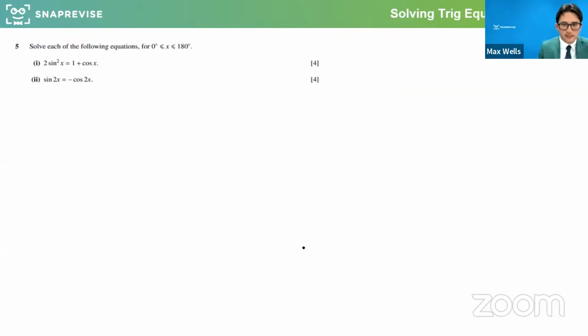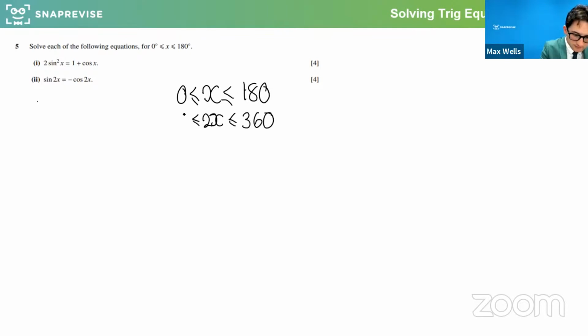So the next one here now, again, some of you were asking earlier about addition formula and double angle. You don't need to do that for this because again, what we can do here is, also remember it's 2x. So if x is between 0 and 180, for 2x we need to extend the search around to 360.